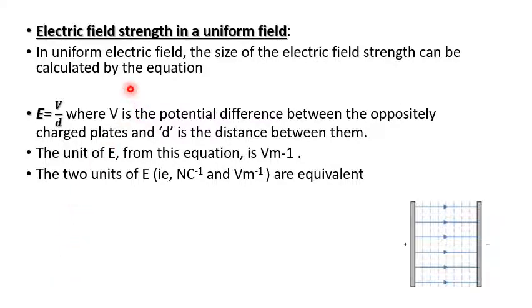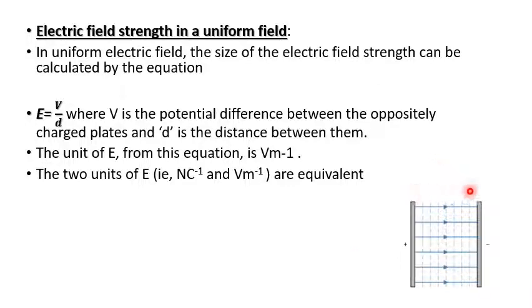To calculate electric field strength in a uniform electric field, we can use the equation E is equal to V over d. Look at this diagram. This is the field between two parallel plates, representing a uniform electric field.